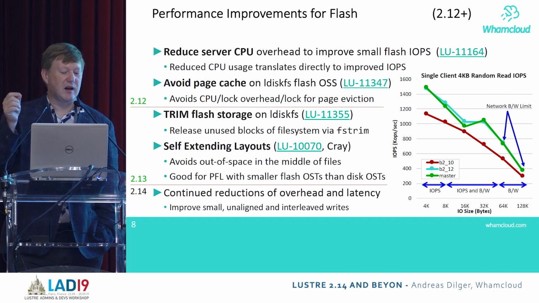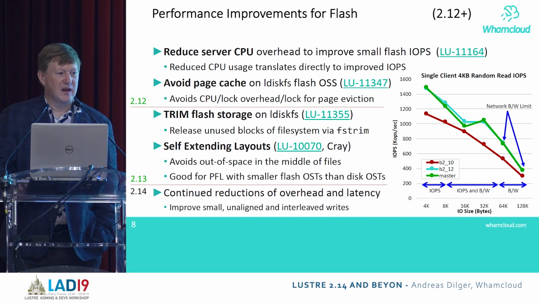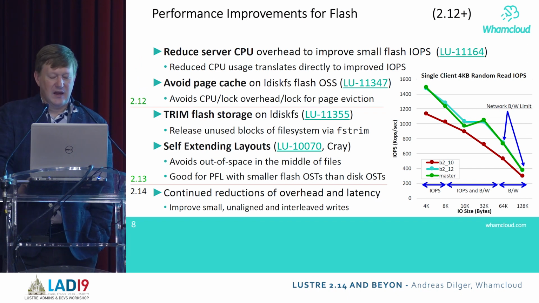And so with self-extending layouts, it can detect that these OSTs are full, I'm not going to continue allocating to those OSTs, I'm going to transfer over to the disk-based OSTs immediately and continue writing. And so it avoids out of space in the middle of a file, and handles the common case where the flash storage has a much smaller capacity than the disk storage.